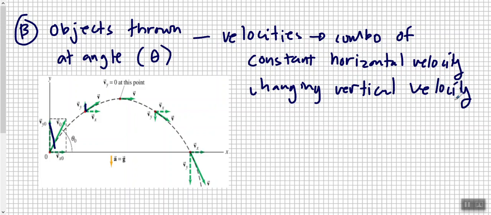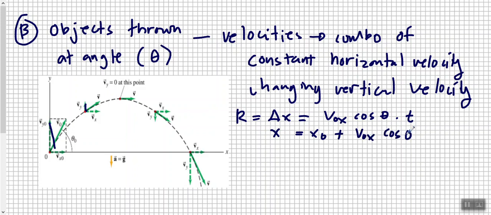So we can use this to find the range, the total distance in the horizontal, which is usually referred to as the range. We could get that in terms of the velocity on the x, v cosine theta, times time, or we could rewrite it if initial distance is given. And then we can also determine its maximum height at this particular point.